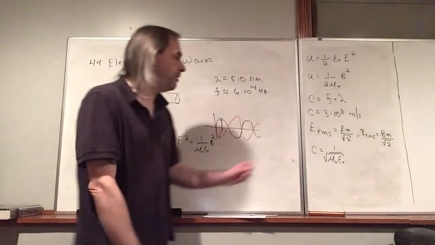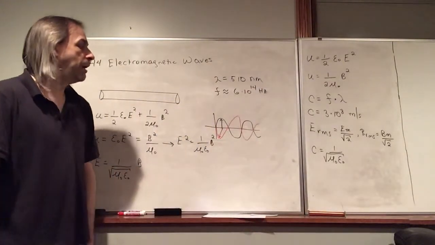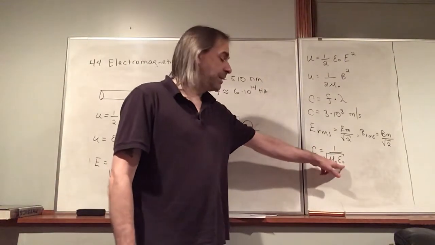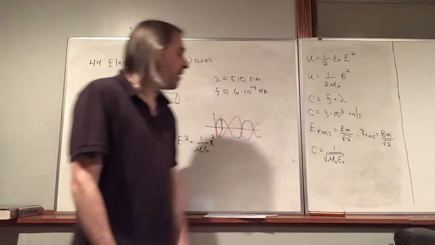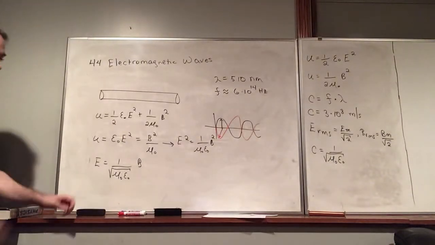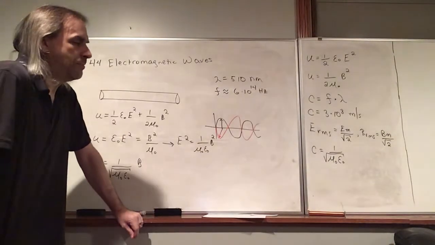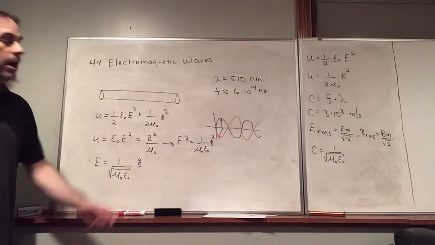Ultimately, that's how mu naught was defined to be a precise value. We have epsilon naught, which is an experimentally determined number, and we can define mu naught so that this gives us the speed of light. But previously, mu naught was an experimentally determined number as well.